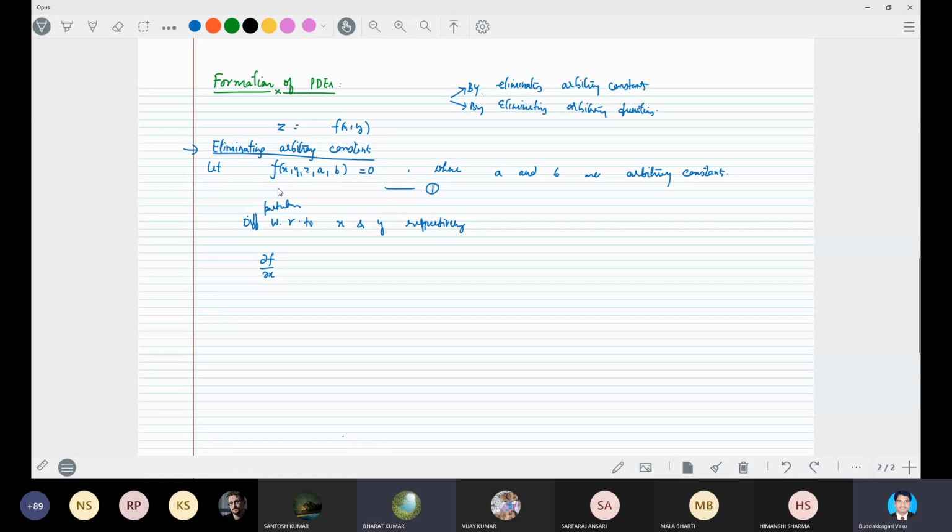With respect to x: dou f by dou x into dou x by dou x, plus dou f by dou y into dou y by dou x, plus dou f by dou z into dou z by dou x, plus dou f by dou a into dou a by dou x, plus dou f by dou b into dou b by dou x, right?